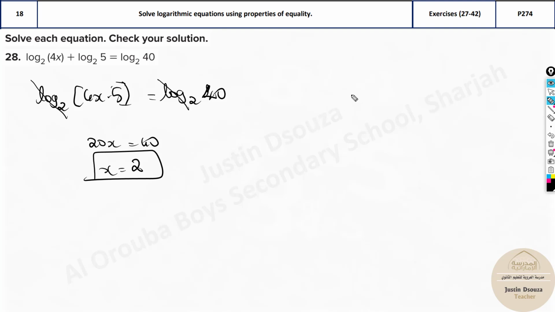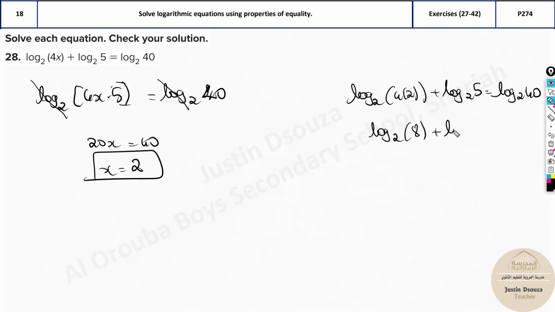Now substitute it back. Log base 2 of 4 times 2 plus log base 2 of 5 equals log base 2 of 40. Now let's check. Here log base 2 of 8 plus log base 2 of 5 equals log base 2 of 40. There are no undefined points over here. Everything is defined. All of these have values for each term.